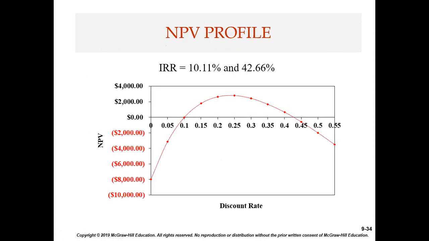The internal rate of return on this project could be 10.11% or 42.66%. So if your required rate of return is between 10.11% and 42.66%, your net present value will be positive. You should accept it. And that's what that's saying.